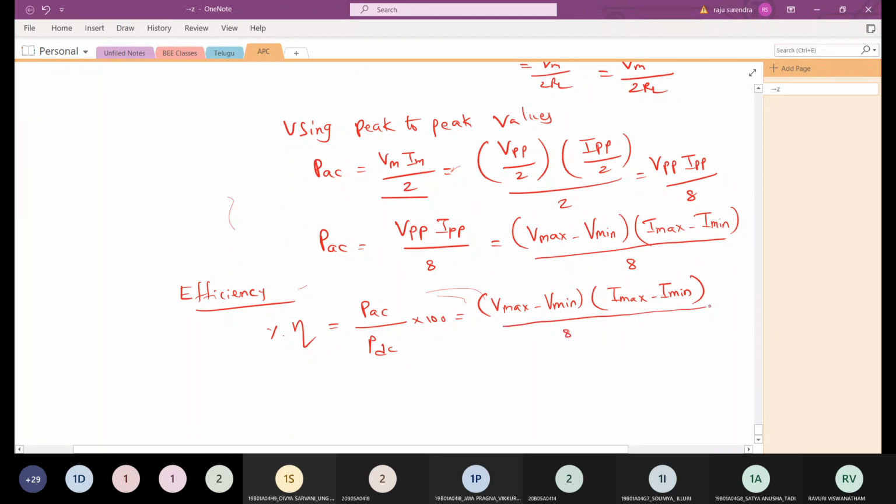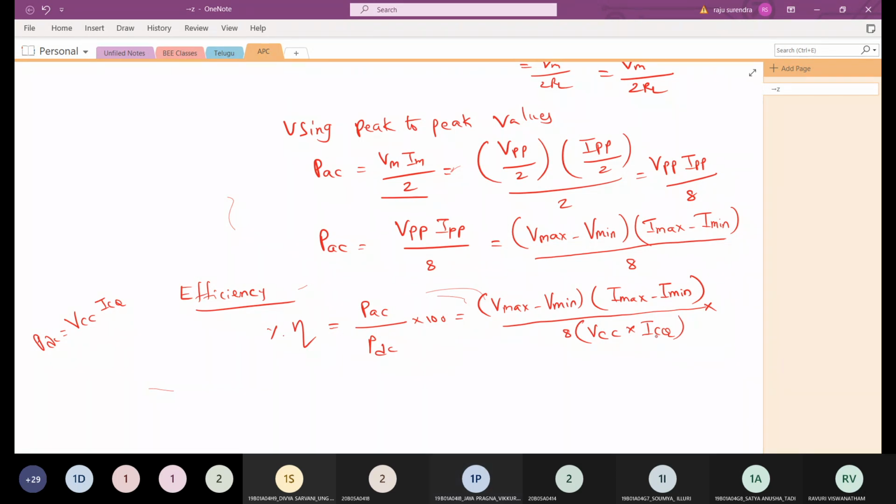But PDC is nothing but VCC into ICQ, the DC power input, which we have already done previously. So now it is 8 into VCC multiplied by ICQ. All of you understood?